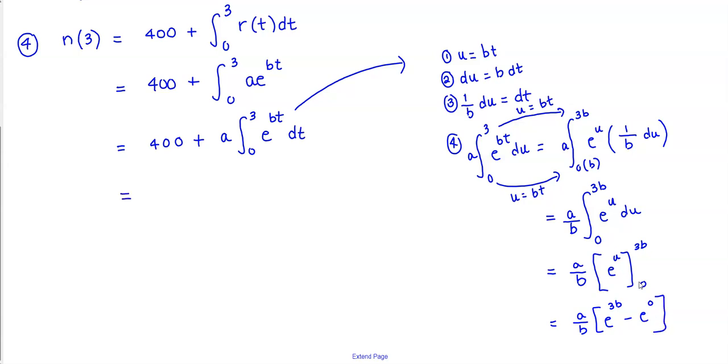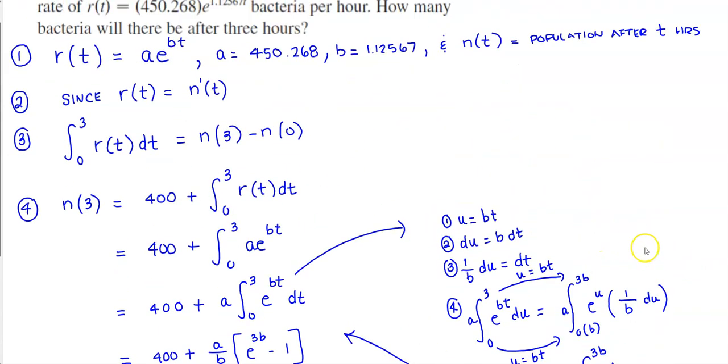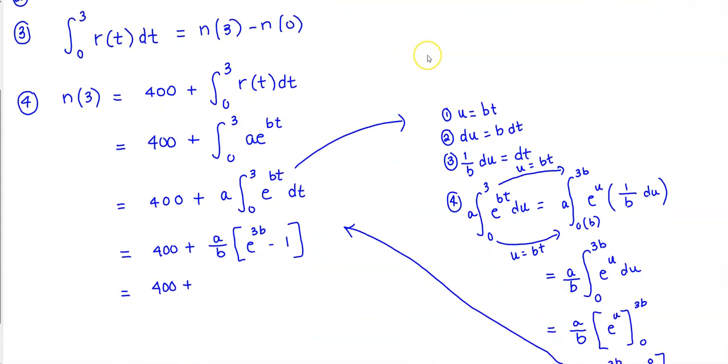So now we can rewrite that over here as what we get for our results. We have 400 plus a over b times e to the 3b minus e to the 0, which is 1. And now let's go ahead and substitute what we know a and b are from the beginning of the problem. We know that a is equal to 450.268, and b is equal to 1.12567.